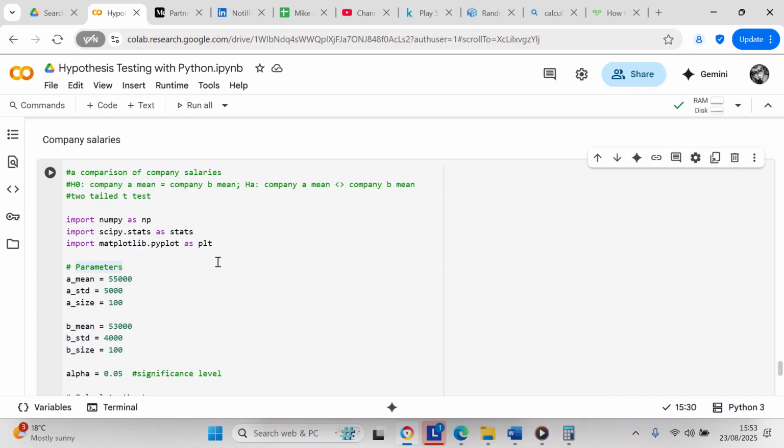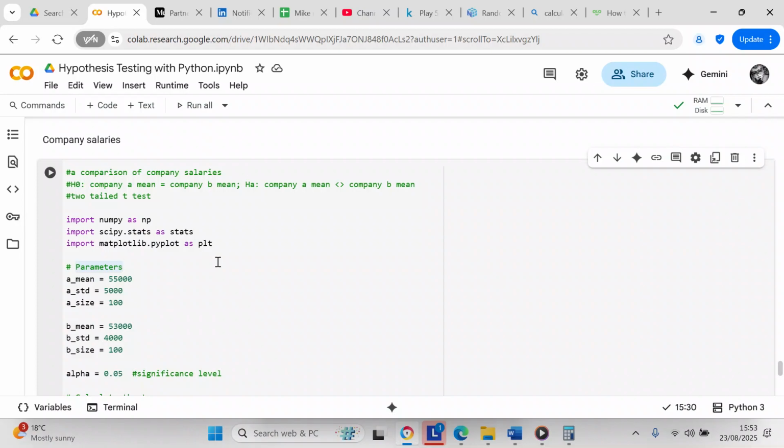So we're going to write a program in Python to carry out the difference in means test. And we're going to import three libraries that we're going to need in order to execute the program. We're going to import NumPy as np, which is a numeric library.